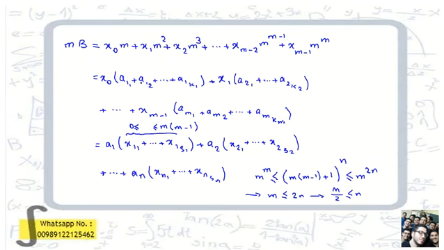So if we replace them, m equals a11 plus a12 plus a1k1, and for m squared we replace it with the sum of elements in B2, a21 plus to a2k2, and so on up to x_{m-1} times am1 plus am2 plus amkm. Okay, let me write m.